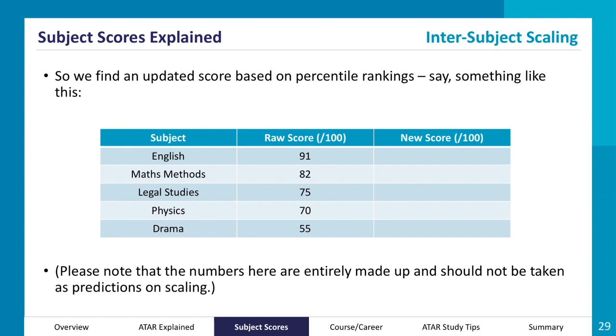So let's take this table of example, and please, please, please be aware that all of the numbers from this point onward are totally fictional and made up simply for sake of demonstration or example. I really don't want to get to a point where people are taking this as a prediction, for example, on what subjects will scale well and what subjects will scale down.